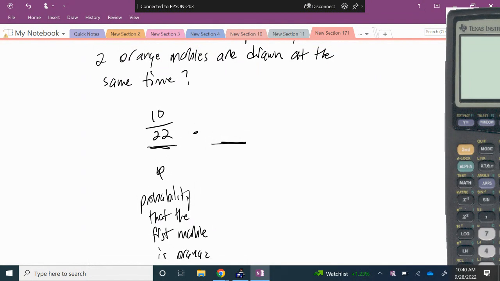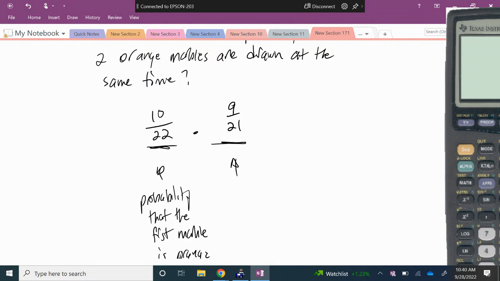What's the probability that the second marble is orange? 9/21. Okay, how did you get 21? That's right, because you're taking away from the total of 22 marbles.